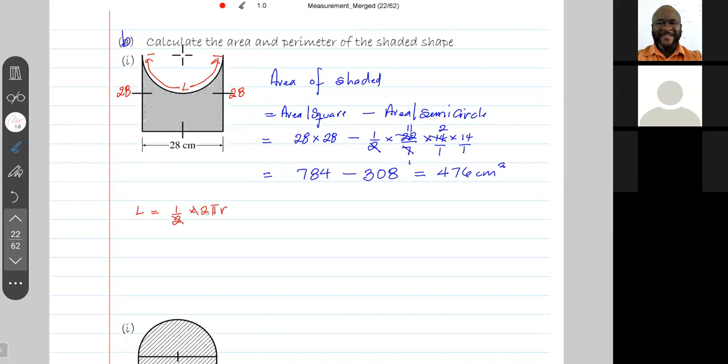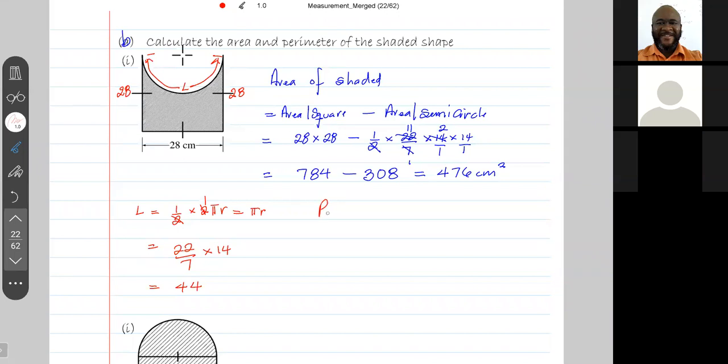The 2's cancel, so it's just pi r. So this would be 22 over 7 times r, which is 14. The answer here is 44. So L here is 44.